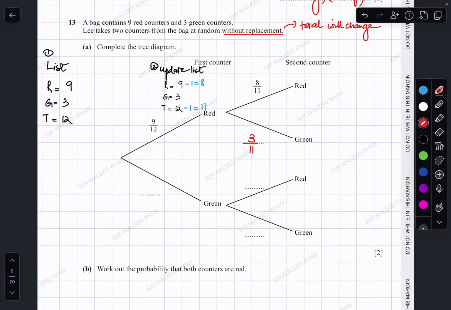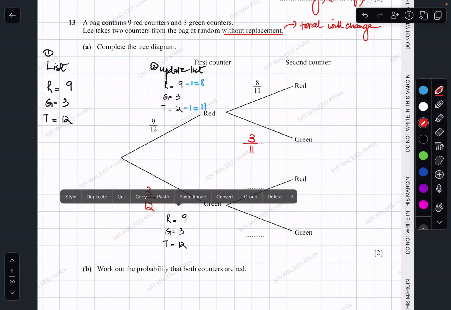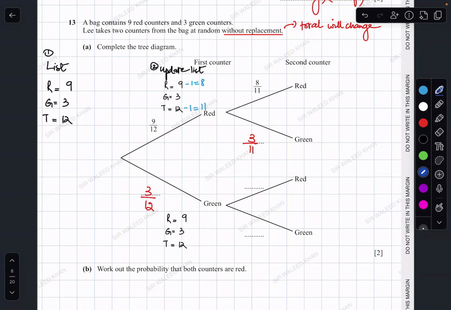What if the first counter is a green? So that will be 3 by 12. And I have to update the list over here as well. This time a green counter is taken out. So in probability, we are dealing with chances. This or that. So green, 1 is taken out, 2. Obviously, the total is also affected.